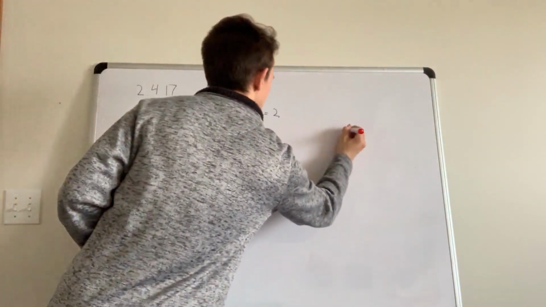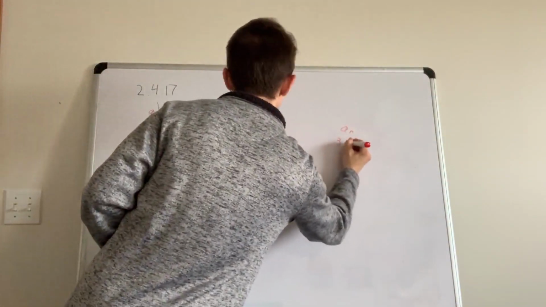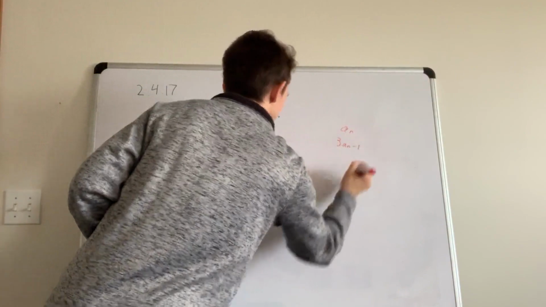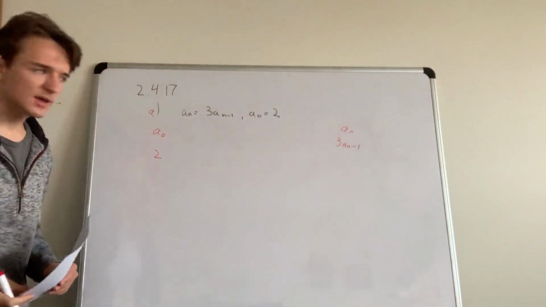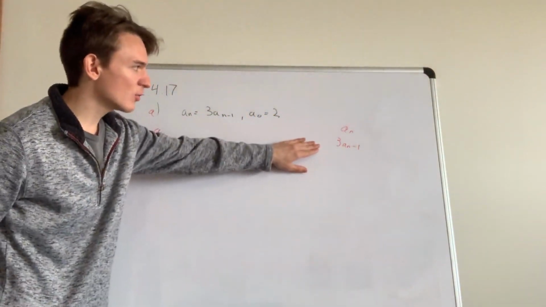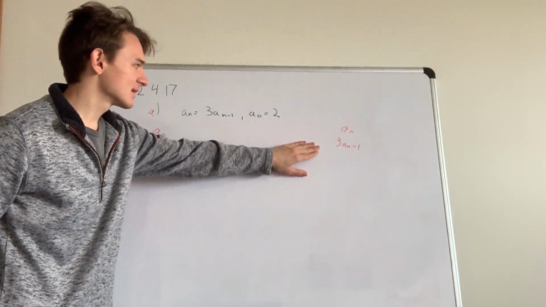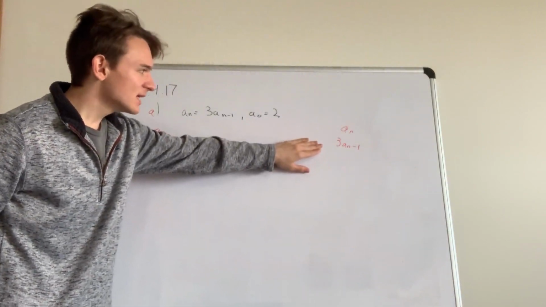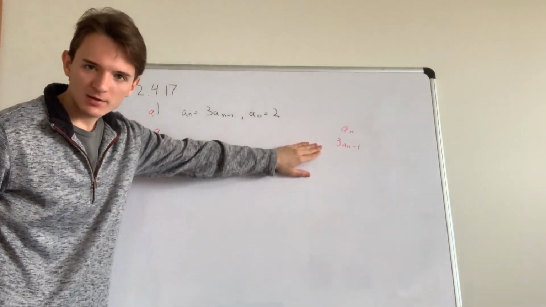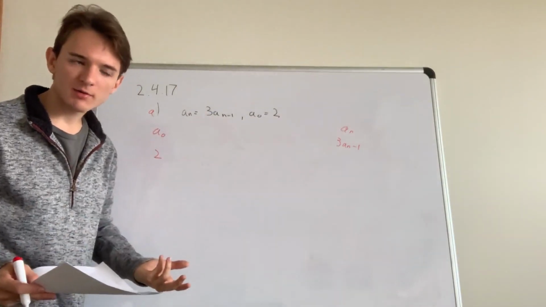So A of n is equal to 3 of A of n minus 1, right? And that is given. We see that 3 of A of n minus 1 only relies on the previous value in our iteration.